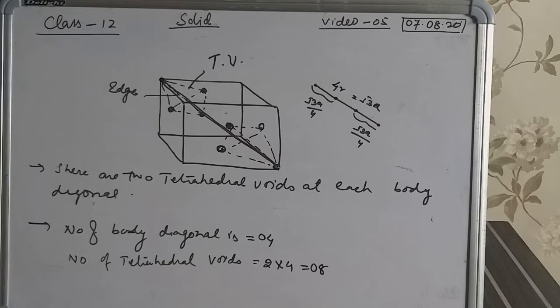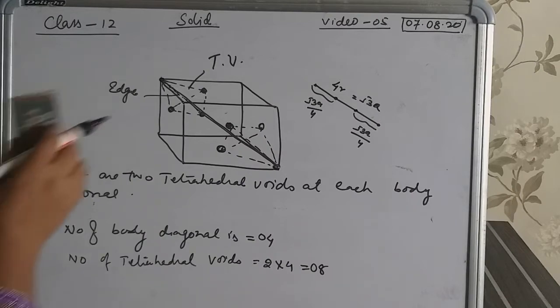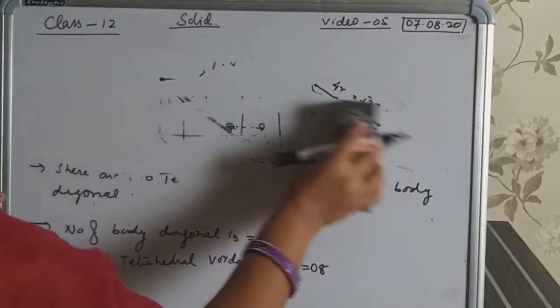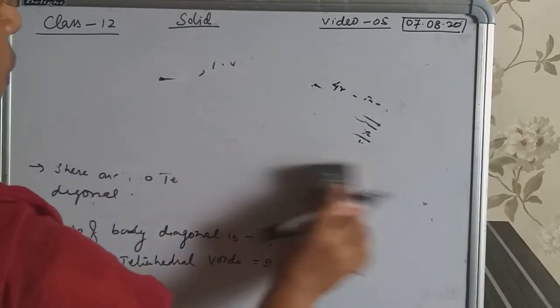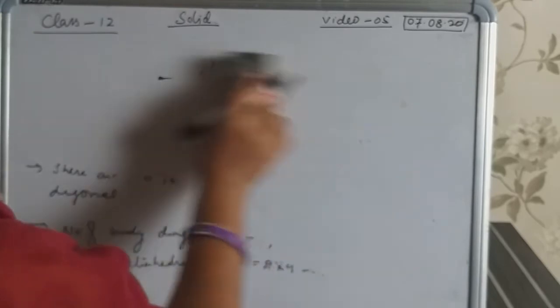Let's discuss the octahedral voids, the location of octahedral voids in the cubic cell, in the unit cell.